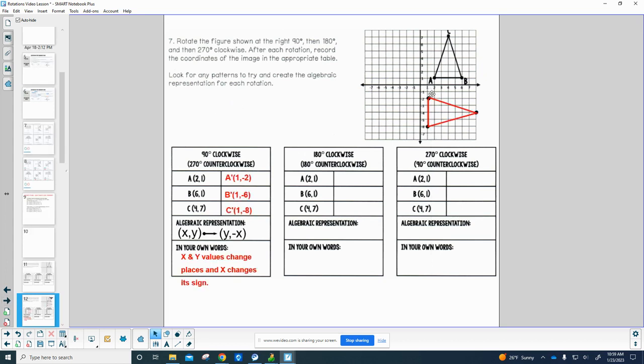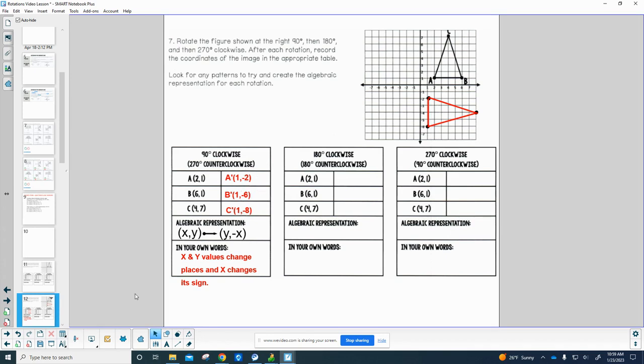If we do a 90 degrees clockwise rotation, we end up with these new coordinates. And what we notice is that the x and y values change places. So the 2 and the 1 swap, and then whatever number's in the y place changes its sign, so it becomes its opposite.